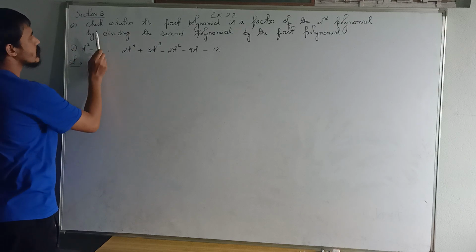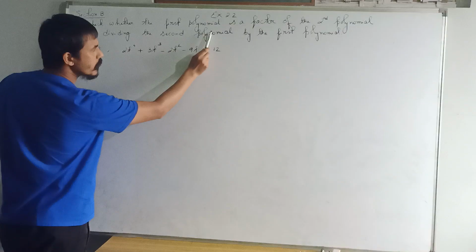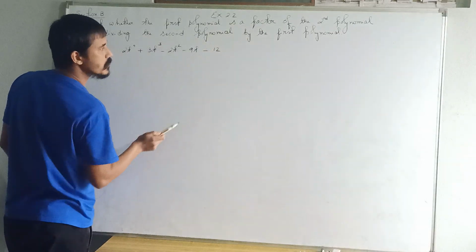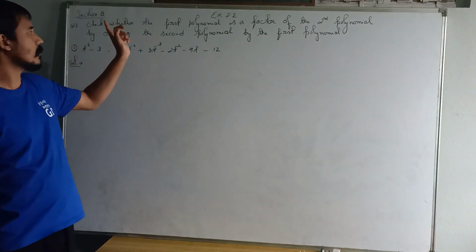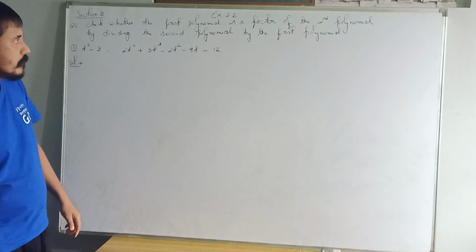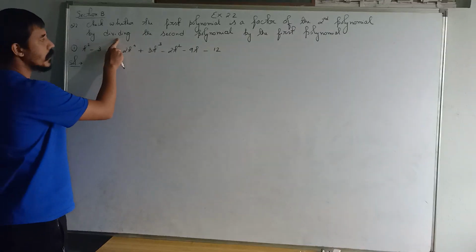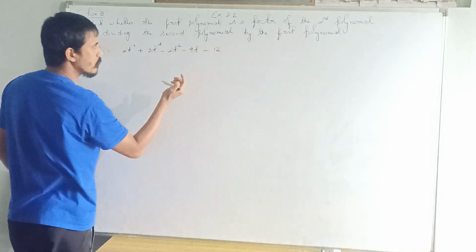The second question says, check whether the first polynomial is a factor of the second polynomial. So we need to check whether the first polynomial is a factor of the second polynomial by dividing the second polynomial by the first polynomial.